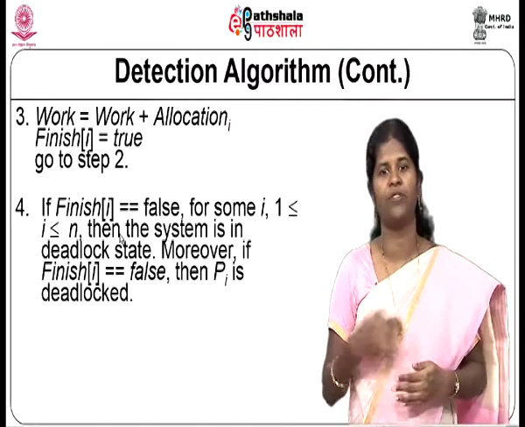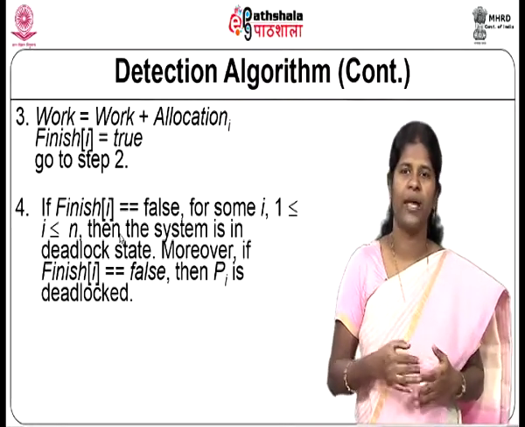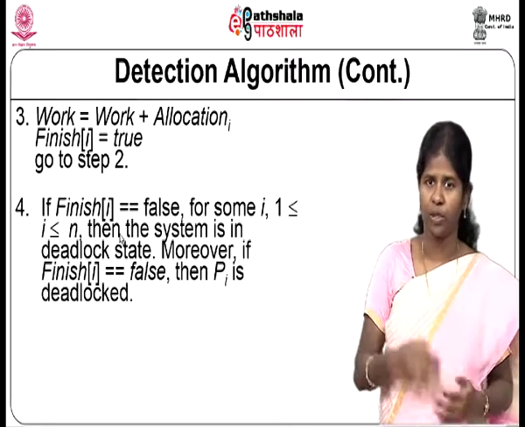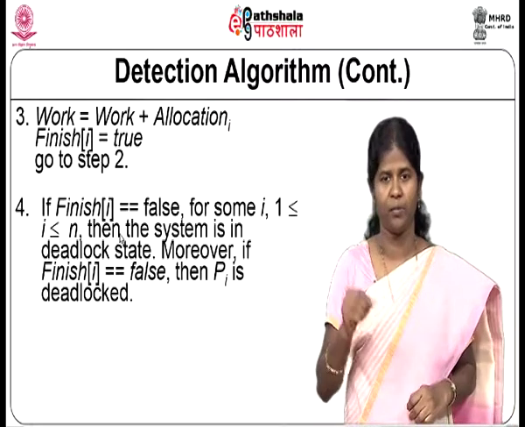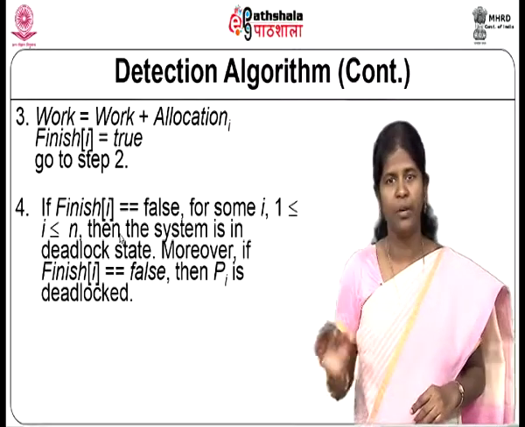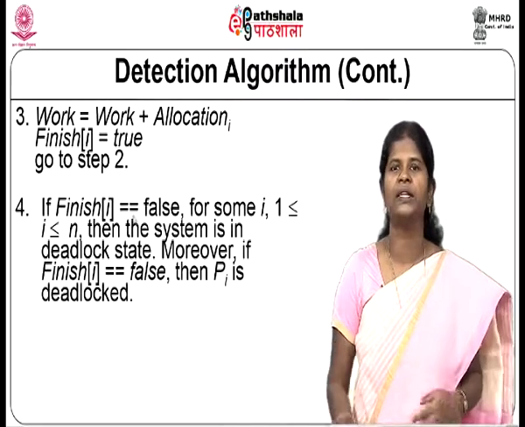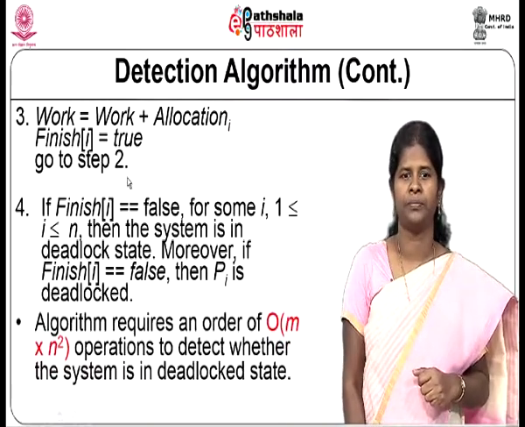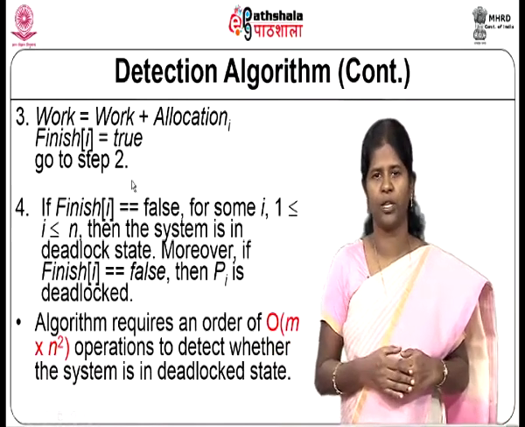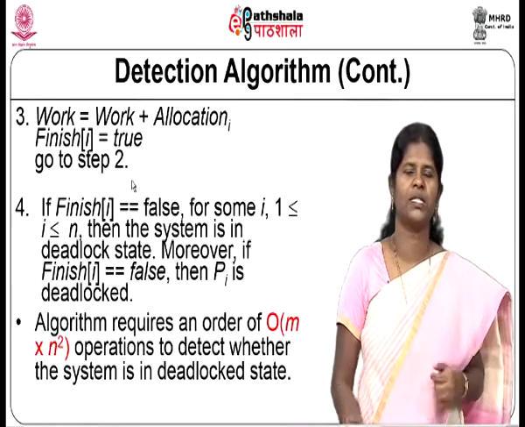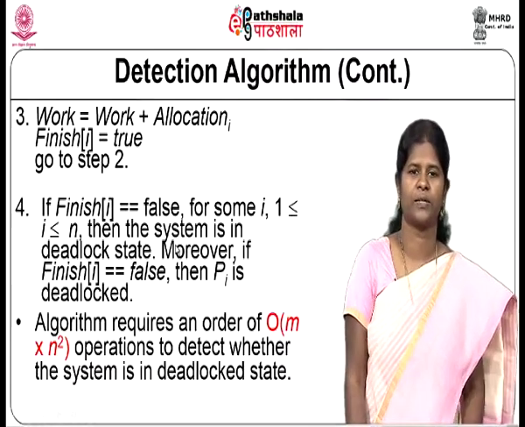If this can be done for all of them, then the system is not deadlocked. If for some process Pi you are not able to allocate, then this process Pi is involved in the deadlock. This algorithm requires an order of m times n squared operations to detect whether the system is in a deadlocked state.